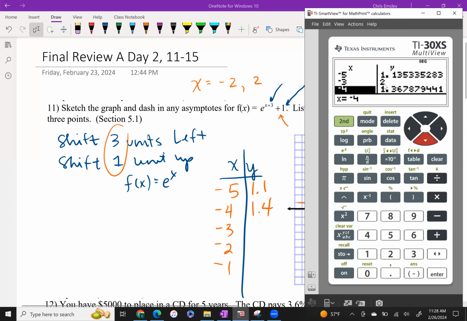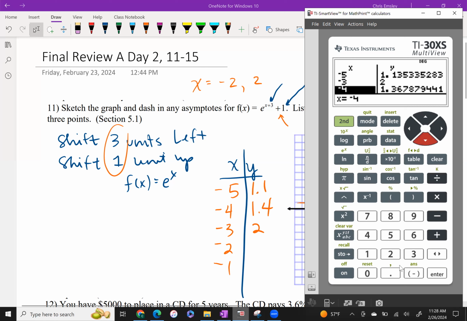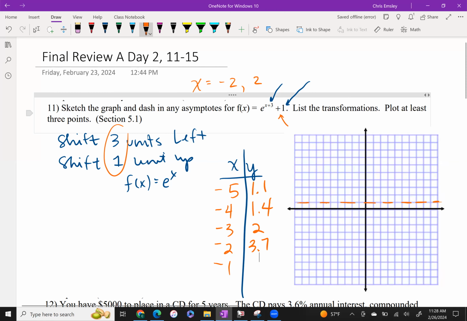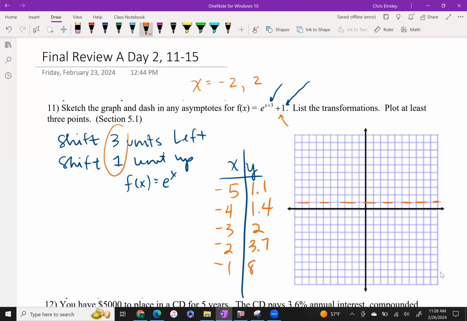And -3 is 2. And -2 gives me 3.7. And -1 gives me 8.4. Again, just rounding there. So -5, 1.1, super close to that asymptote.